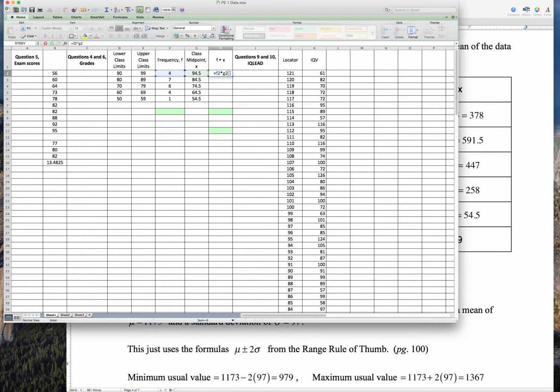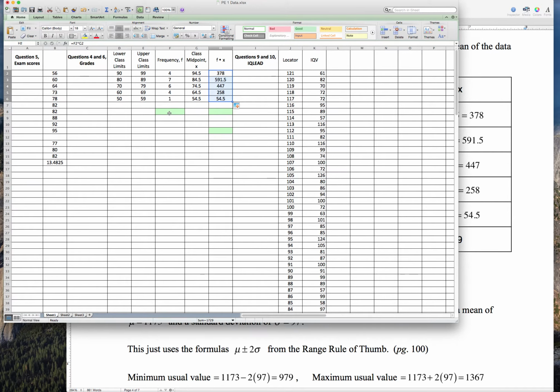Now that's going to multiply cell F2 and cell G2, and that'll give me my frequency times class midpoint, and I hit return, and that makes that calculation. Now I want to go back up to this cell, grab the lower right corner, click and drag down through the remaining 4 cells, and it auto completes all of those multiplications.